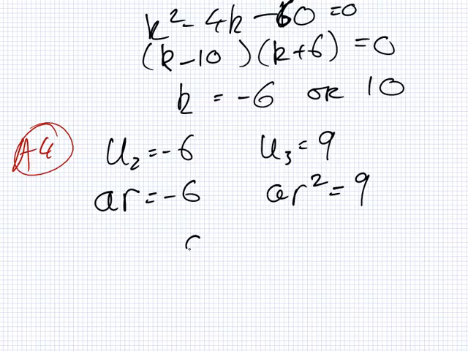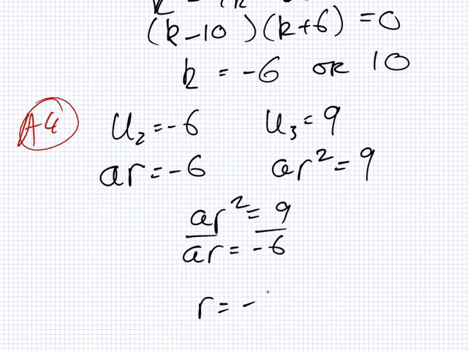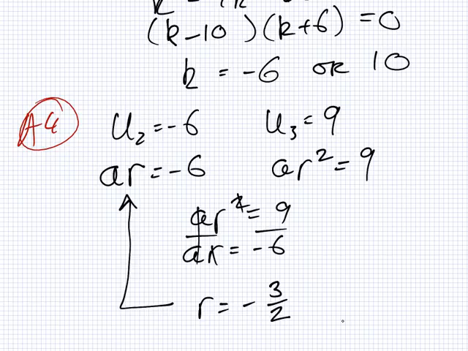Does anybody remember how to solve these? Yeah, the best thing to do is to divide them. So you get r equals minus 3 over 2. And then you can put that back in here to get the a.